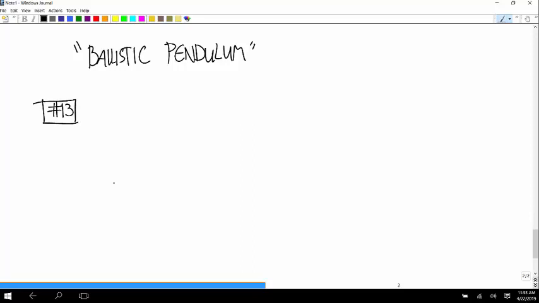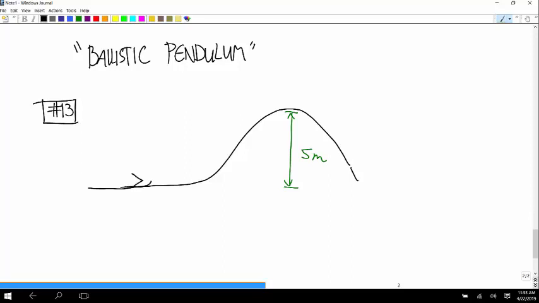Okay, so a skier with a mass of 50 kilograms skis across a flat section before reaching a 5-meter tall hill. And for the skier to make it to the top of the hill, what's the slowest speed he can have on the flat?